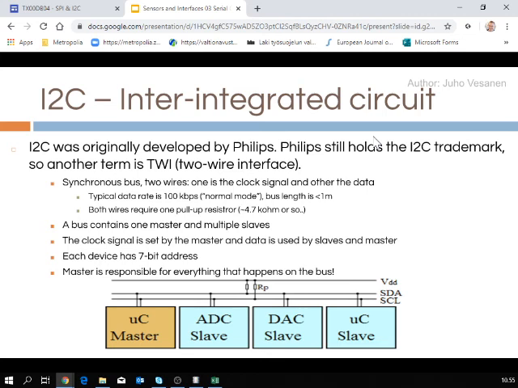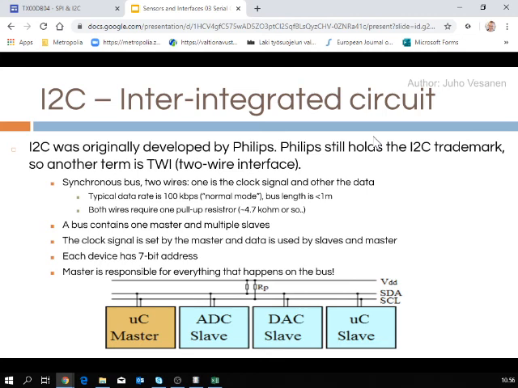And both lines have a pull-up resistor, which means that these lines are driven by open collector or open drain, meaning that when you want to set 0 into the line, you pull it down. But normally it's either idle or state 1. Okay.